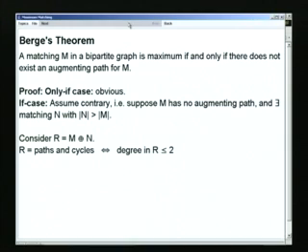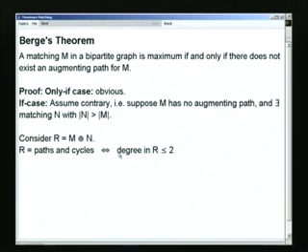Why is that? Well, before saying why that is, let me just say that the claim is equivalent to stating that the degree of every vertex in R is at most 2. Remember, M and N are sets of edges, R is also a set of edges, and it's over the same vertex set, U and V. And so I can talk about the degree.